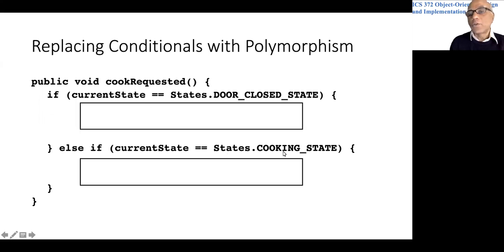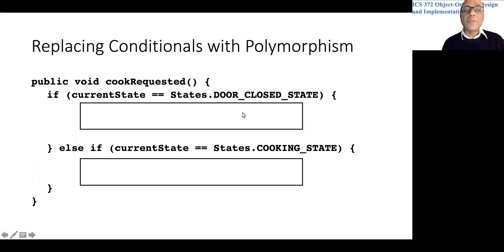And if it is the cooking state, we do something else. And for the other states, we simply ignore the request, right? Else we don't care. So the behaviors are different. They depend on the state.